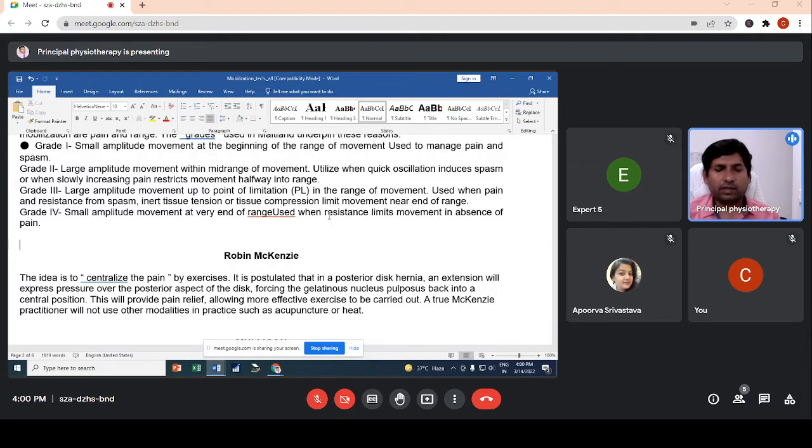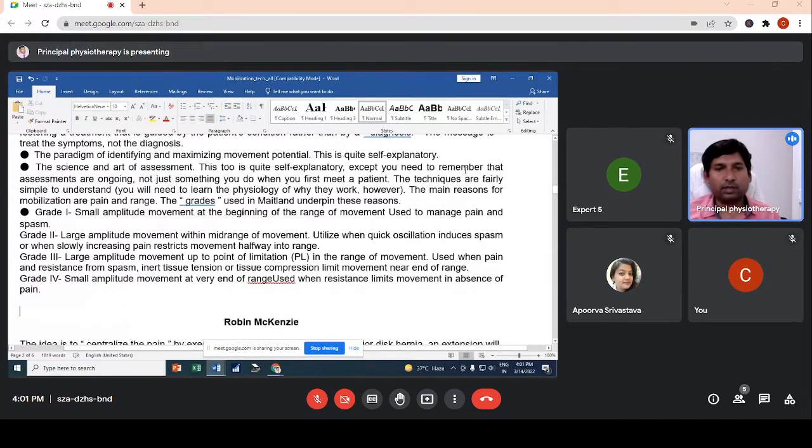End range mobilization technique is basically very helpful in the case of frozen shoulder. When we treat patients of frozen shoulder, what we basically observe is the patient is able to do movement even more than half range of movement, and the end range is restricted. In that case, we apply grade 4 Maitland mobilization technique.